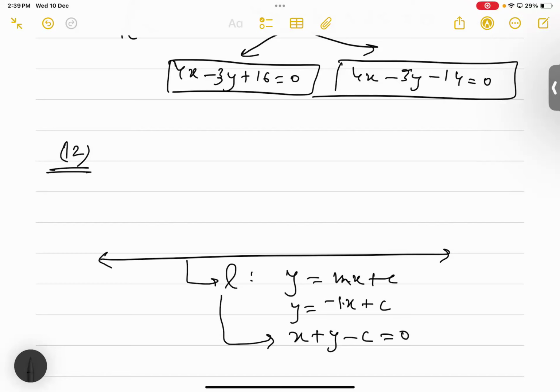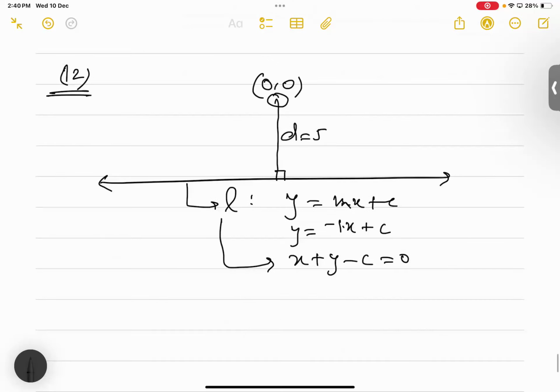Now line L is at a perpendicular distance of 5 units from the origin. So this point is the origin, right? Yes or no, guys? So this point is the origin, so this becomes x1, y1. And this becomes ax plus by plus c is equal to 0.